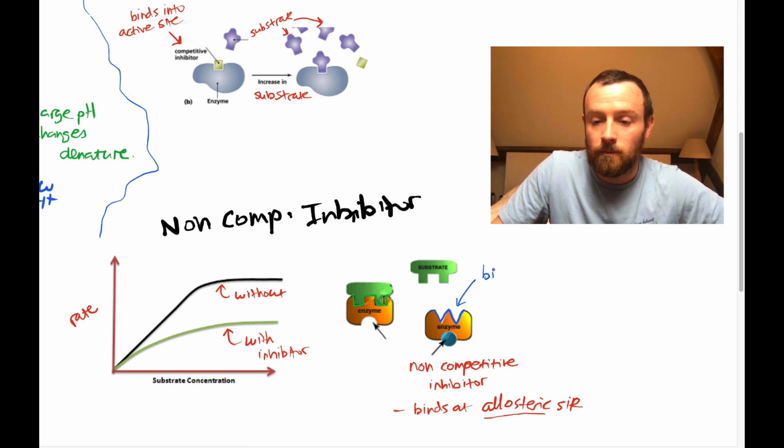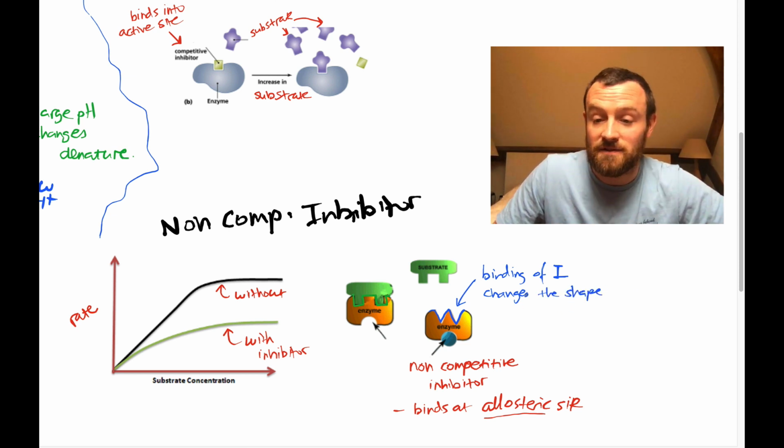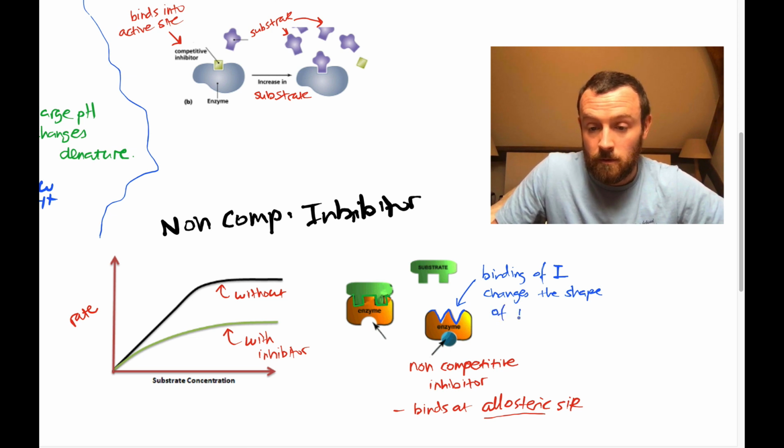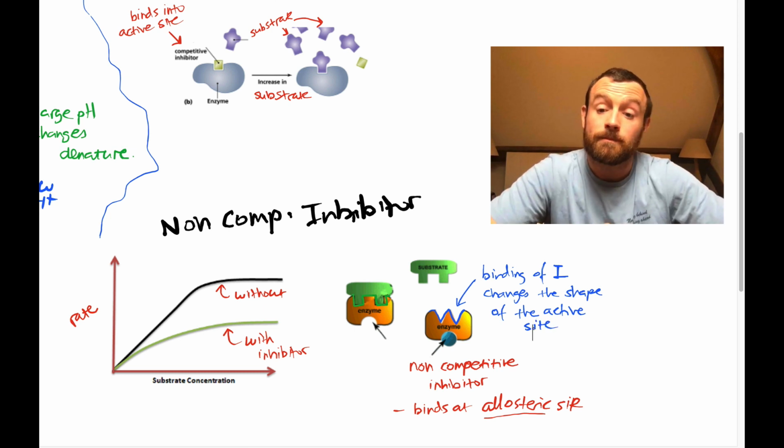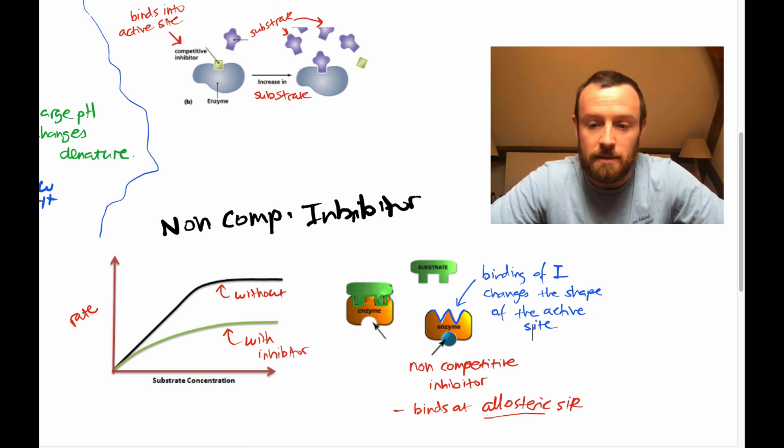So binding of the, I'm just going to write I for inhibitor, binding of the inhibitor changes the shape of the whole enzyme and specifically the active site, so that it won't bind anymore. Okay, the substrate will not bind anymore.